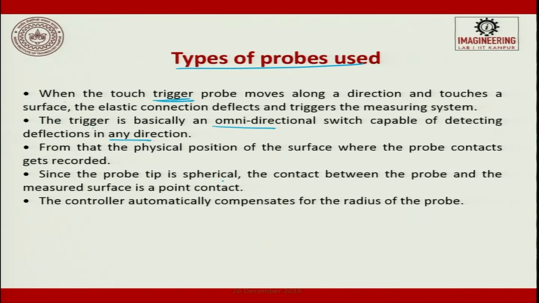Since the probe tip is spherical, the contact between the probe and the measured surface is always a point contact. So, point contact is good rather than line contact. The controller automatically compensates for the radius of the probe. Whatever the radius is, that does not matter. It is always done with the center of the probe, so you know the radius, it will offset and give you the distance.